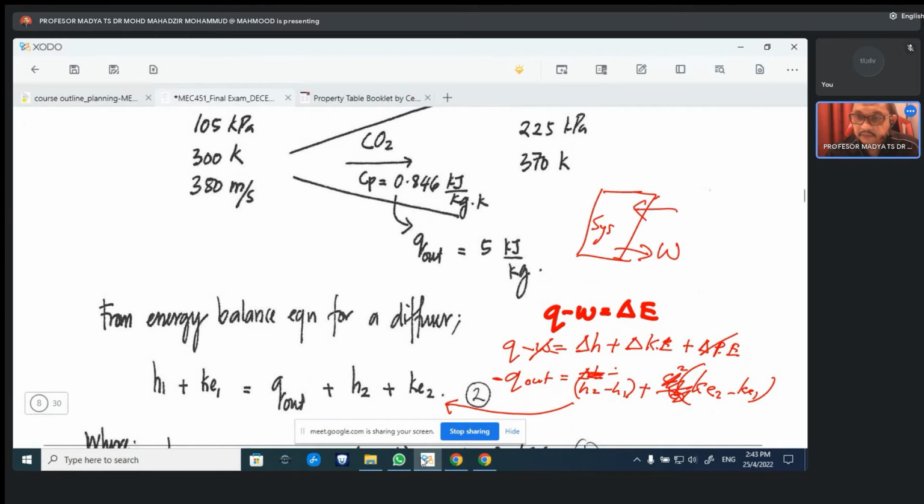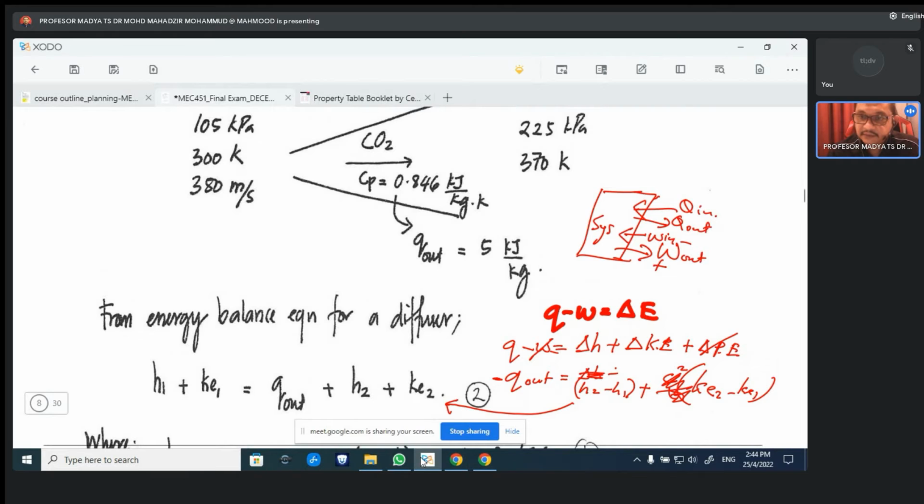Work in, work out, Q out, Q in. Cengel said when work is out, the sign is positive. When work is in, the sign is negative.